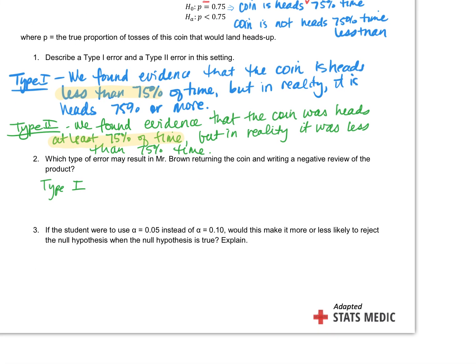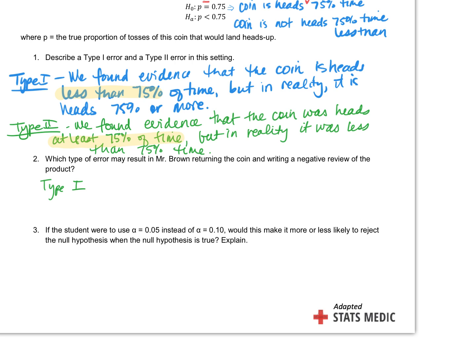Now, if the students were to use an alpha of 0.05 instead of an alpha of 10%, would this make it more or less likely to reject the null when the null is true? You remember what that's asking you? Remember the probability of a type 1 error is alpha, right?